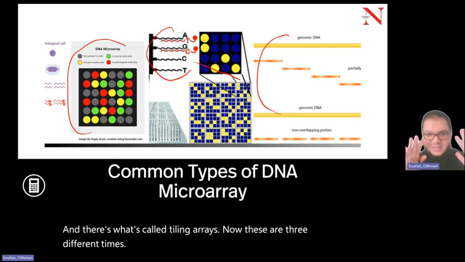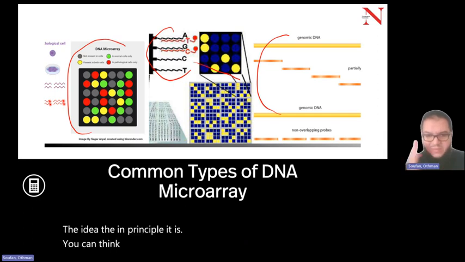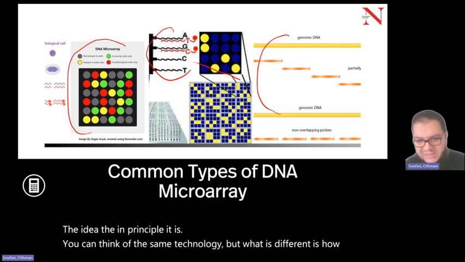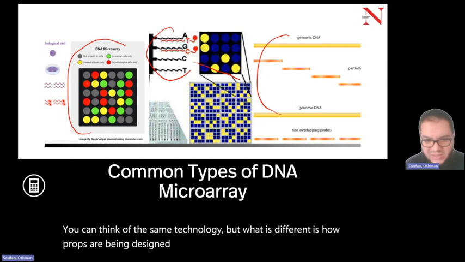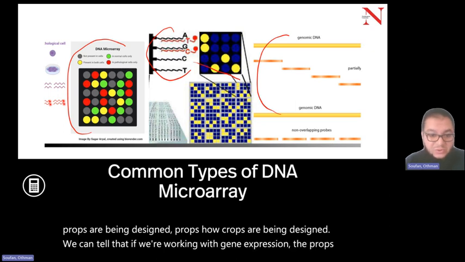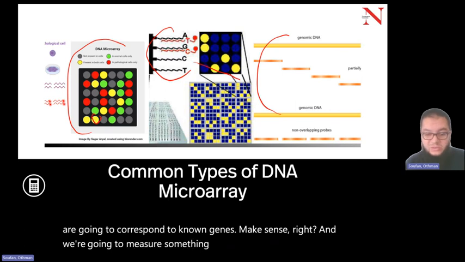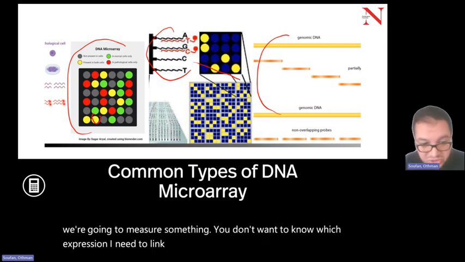The idea, in principle, is that you can think of it as the same technology, but what is different is how probes are being designed. If we're working with gene expression, the probes are going to correspond to known genes. Makes sense, right? If I'm going to measure something and I want to know its expression, I need to link this to some gene.